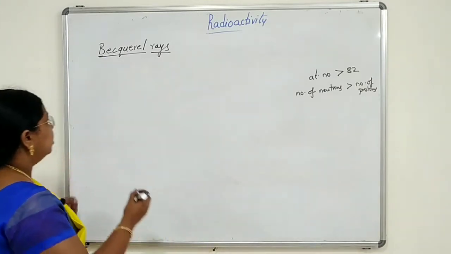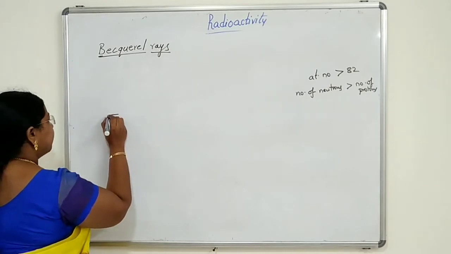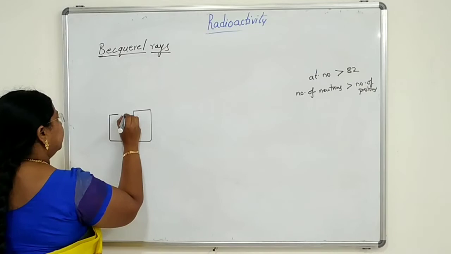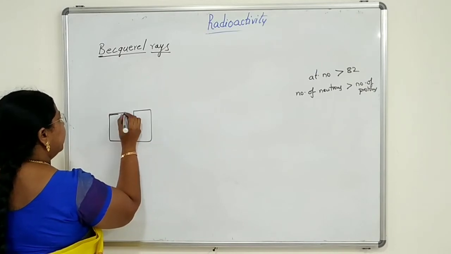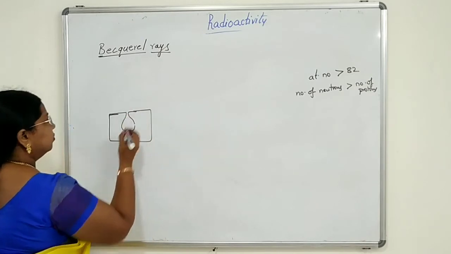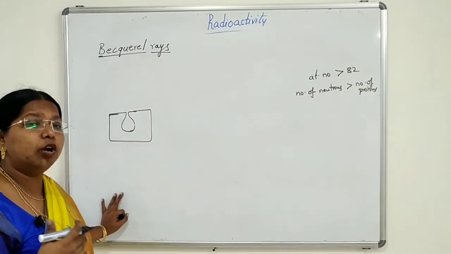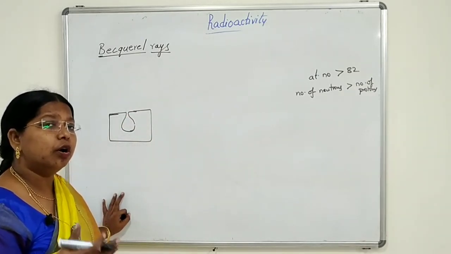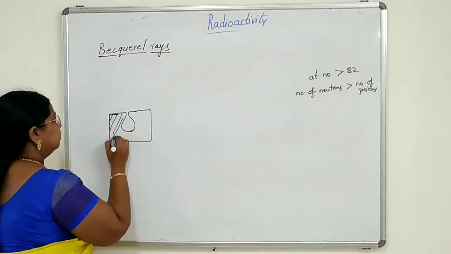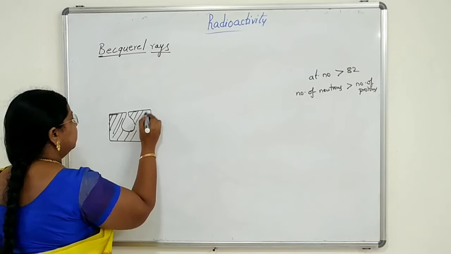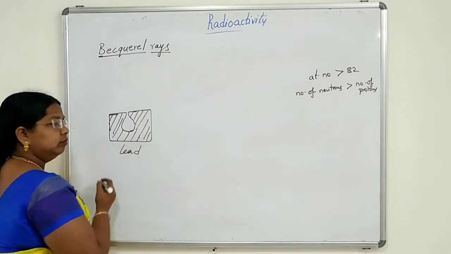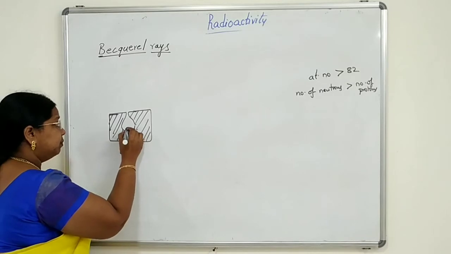He kept this radioactive substance in a lead container. The lead acts as an insulator; it will not allow these radiations to penetrate through it. So we have a crucible made of lead, and the radioactive substance is placed inside.